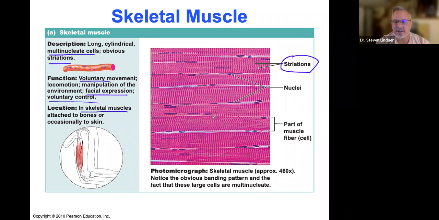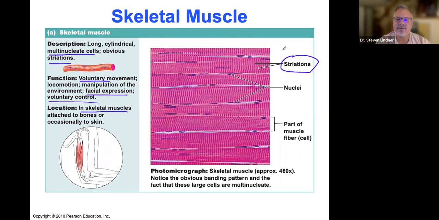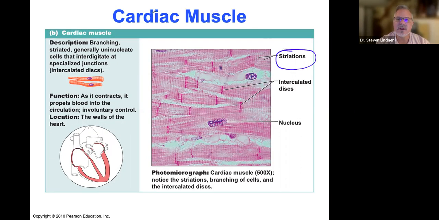Again, striated. When we look at cardiac muscle, it's also striated. However, if we contrast back and forth, you'll see skeletal is very tightly interwoven. Cardiac muscle is highly branched, many branches. And we also have these intercalated discs, which are these junctions right here where we'll find gap junctions.